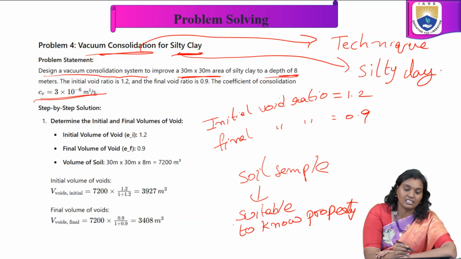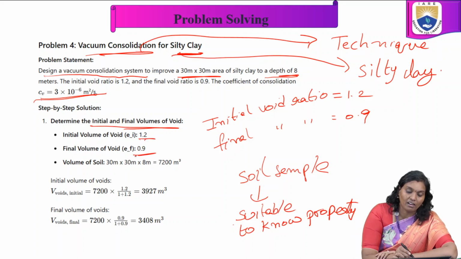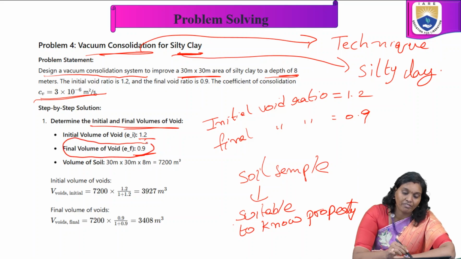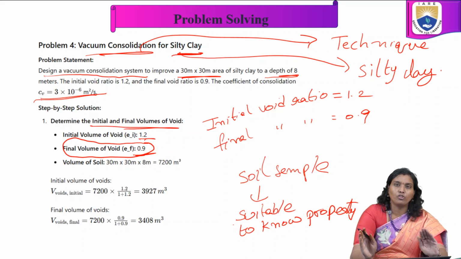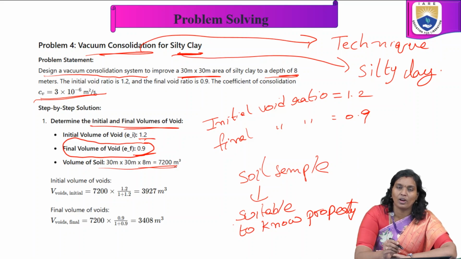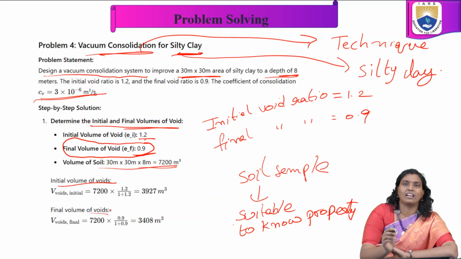Step 1 is to determine the initial and final volumes of the voids. The initial void ratio is 1.2 and the final void ratio is 0.9. This is what we require before construction of the project. First we find the volume of the soil, and according to that we find the initial volume of the voids and the final volume of the voids.